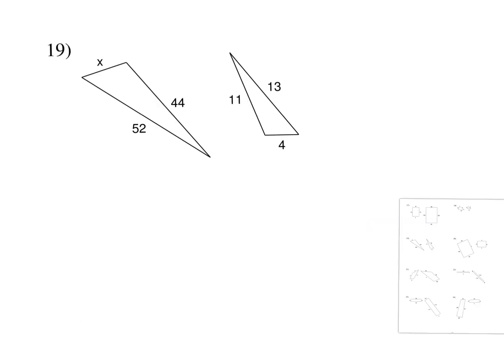Look at number 19. This is another case where this thing has been turned. You can look at the sides that match up. You can also set up a proportion, which I haven't really talked about here. So you might notice the x and the 4 are the smallest sides that match up. And then what you would want to do if you did a proportion, the x is from the bigger triangle, or from the left triangle.